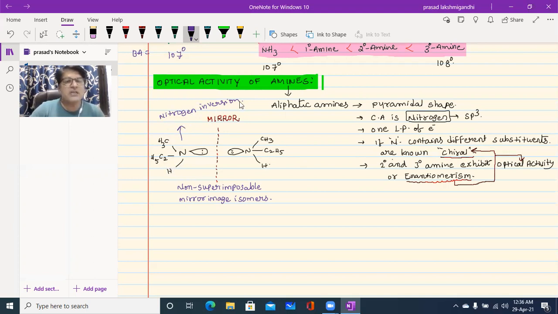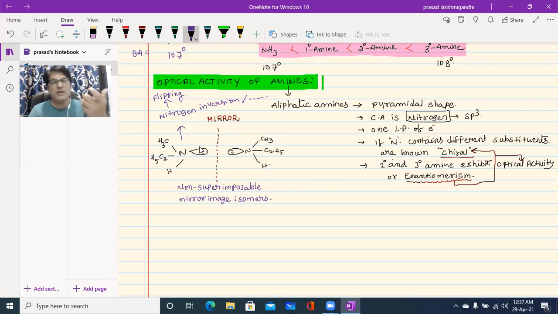Please note down over here: nitrogen inversion, or amine inversion also. This process is simply known as flipping. This inversion resembles an umbrella turning inside out, the opposite.